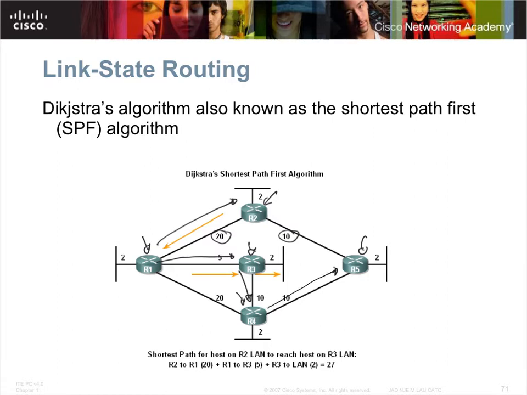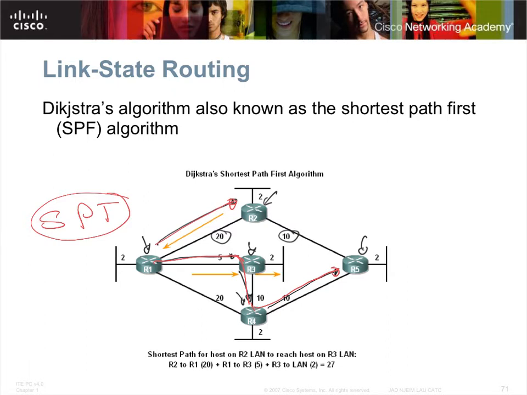So in fact, I'd better do it in red, it's better. These red lines constitute what we call the shortest path tree from router 1 to all the other routers in the autonomous system. So this is what we call the shortest path tree.